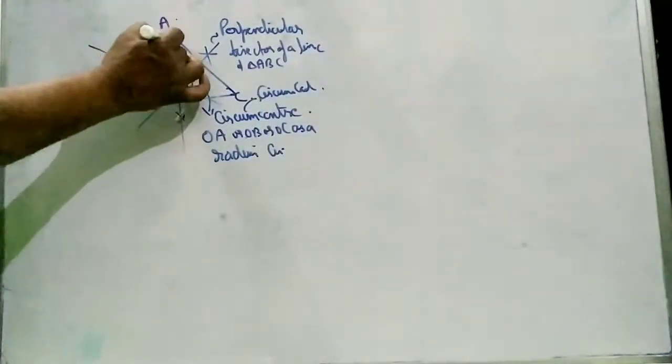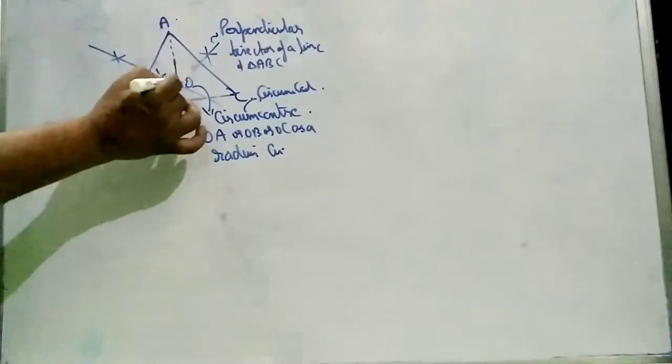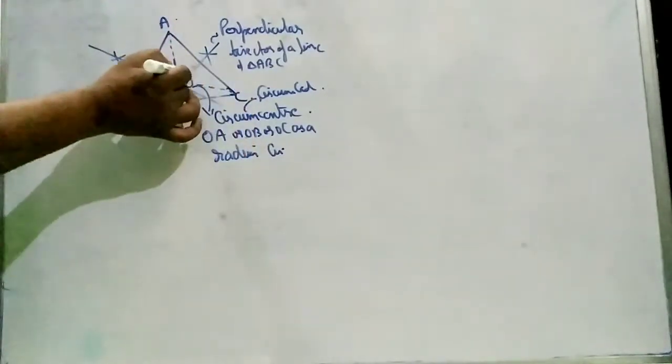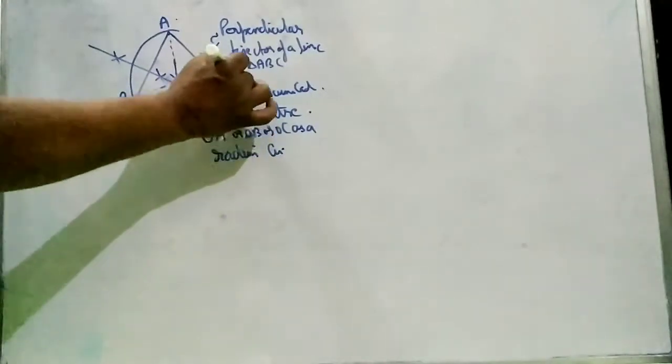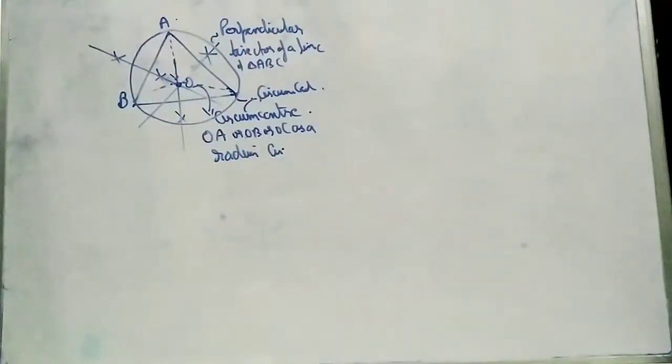So if we take OA or OB or OC as the radius, we can draw a circle which passes through A, B and C, and this circle is called the circumcircle. Is this clear?